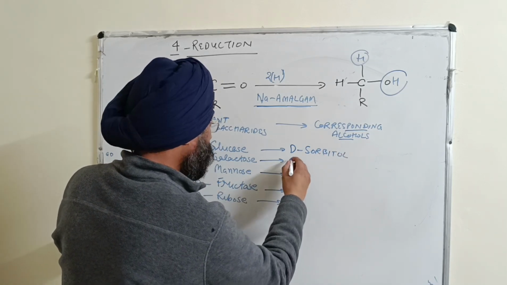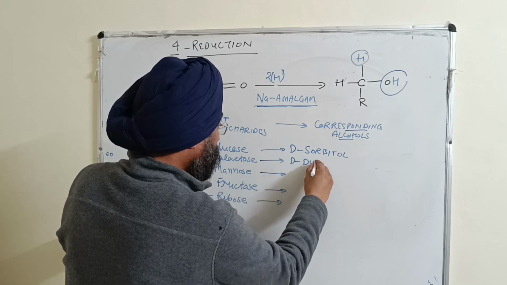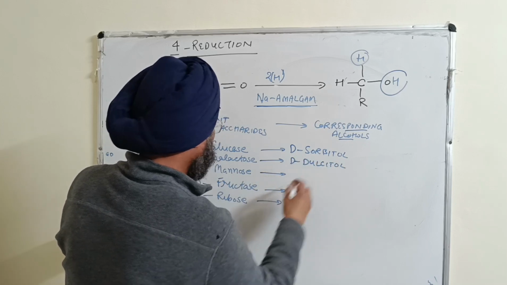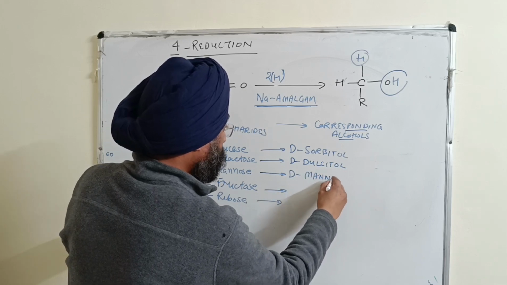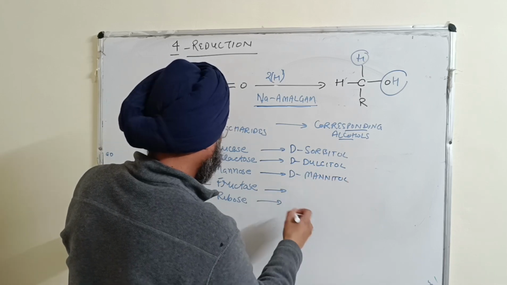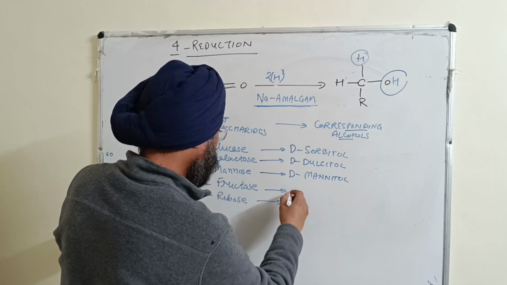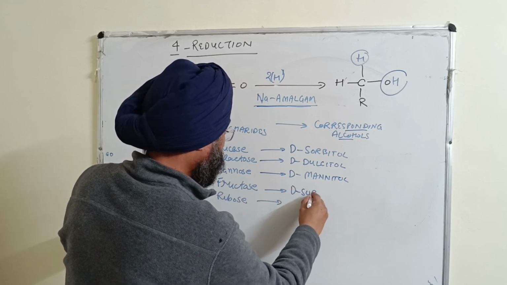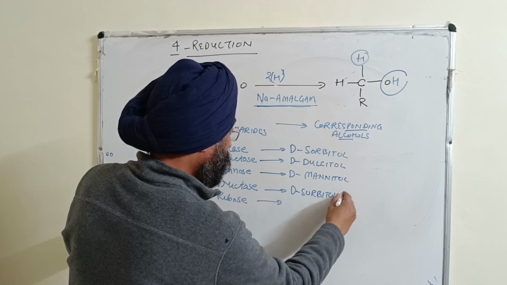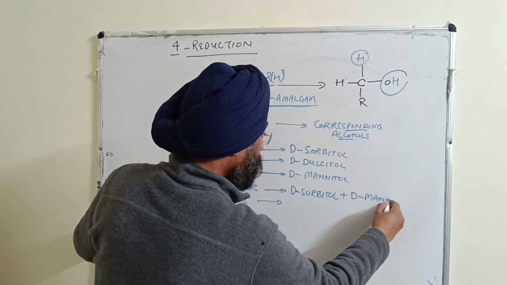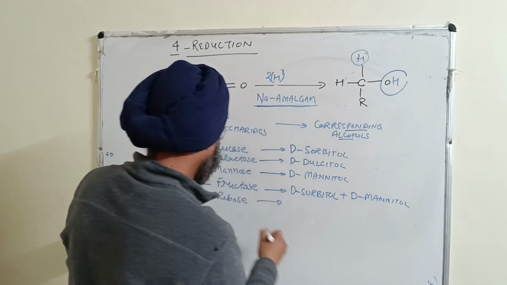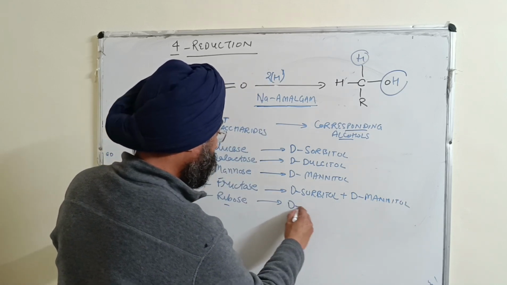Galactose is converted to D-dulcitol. Mannose is converted to D-mannitol, right? Fructose is converted to D-sorbitol plus D-mannitol, right?